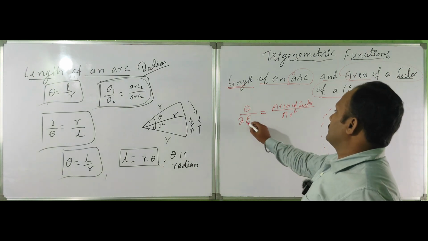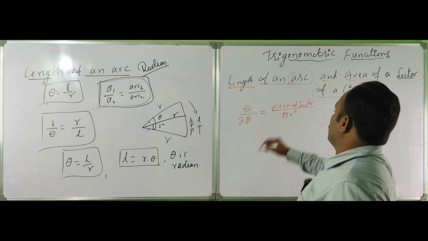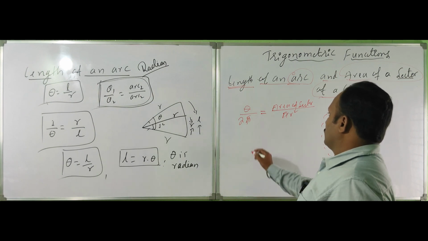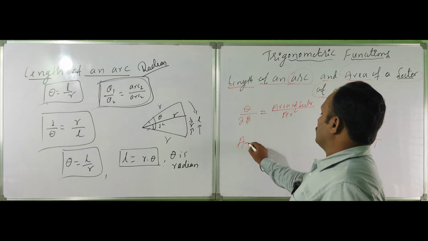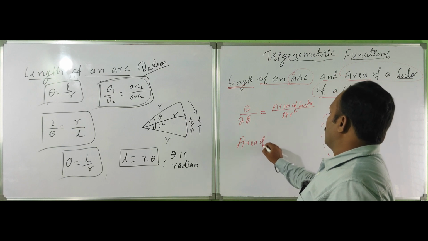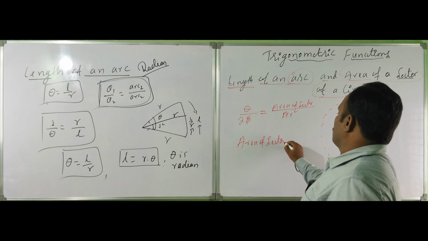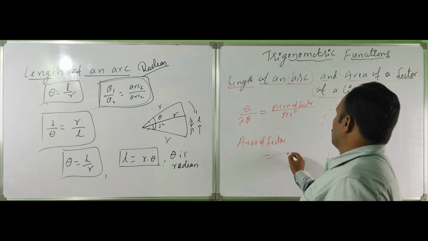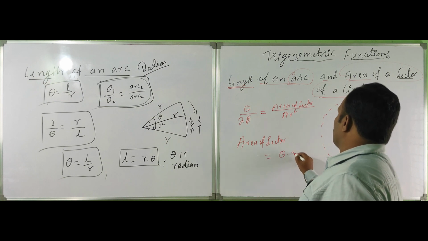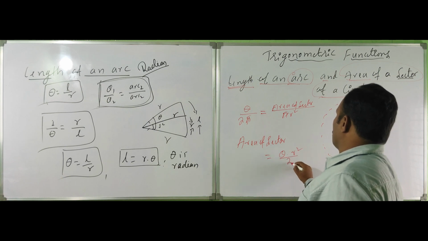This pi and this pi get cancelled. This becomes area of sector equals theta into r square by 2.